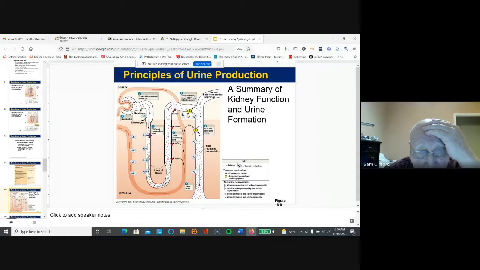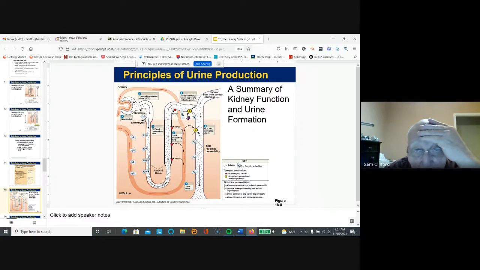And then the primary purpose of the descending limb of the loop of Henle is to reabsorb water, which ends up back in the blood. The primary purpose of the ascending limb is to pump a co-transport, pump sodium and chloride. That's going to end up back in the blood.